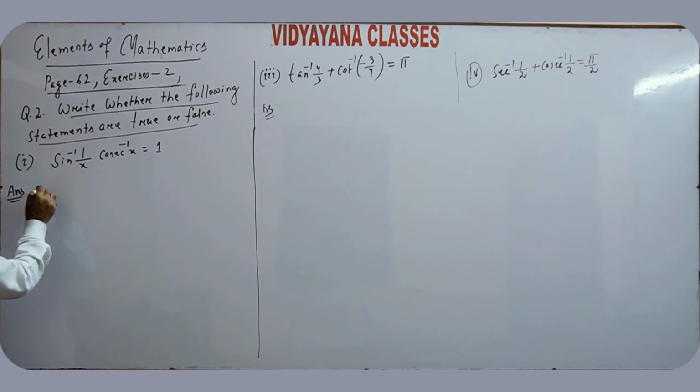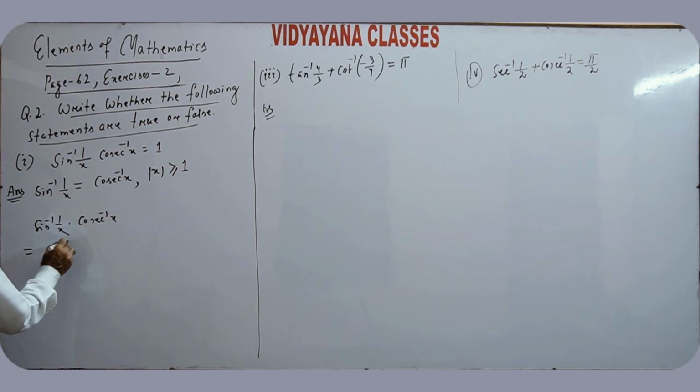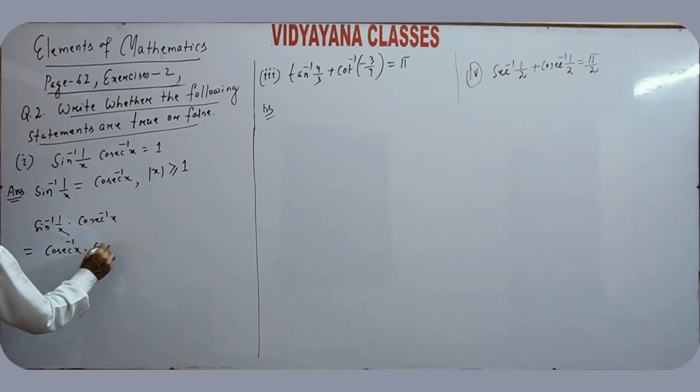Sin inverse 1 by x into cosec inverse x is the same as cosec inverse x into cosec inverse x, which is same as cosec inverse x whole square, not equal to 1.